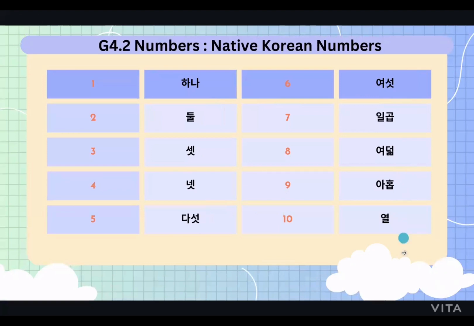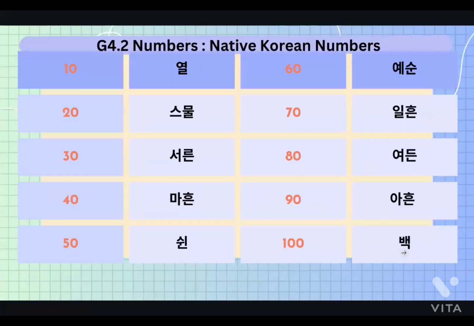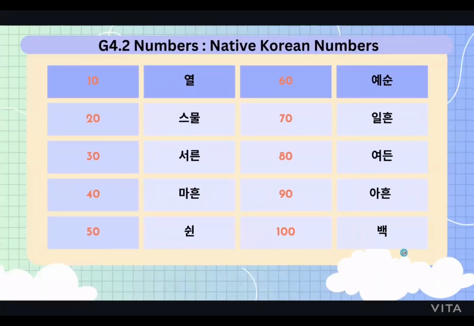Right? 자, so these are native Korean numbers. Then what about the bigger numbers? How can we say that? 자, please remember this well. 열, 스물, 서른, 마흔, 쉰, 예순, 일흔, 여든, 아흔, 백입니다.